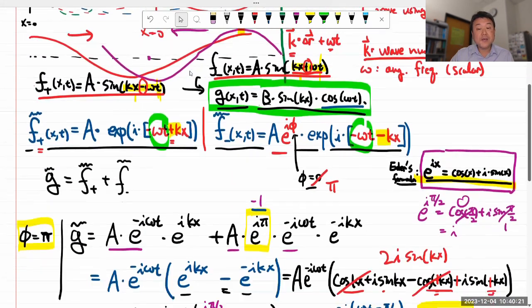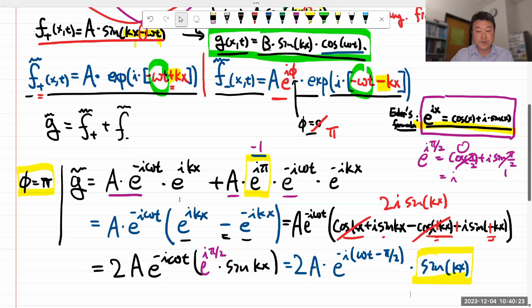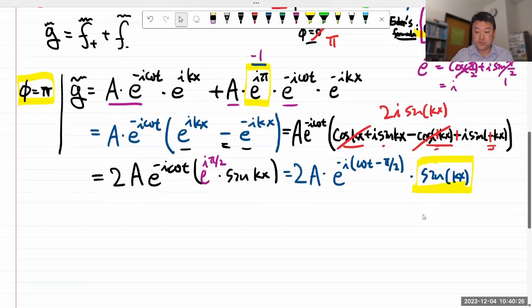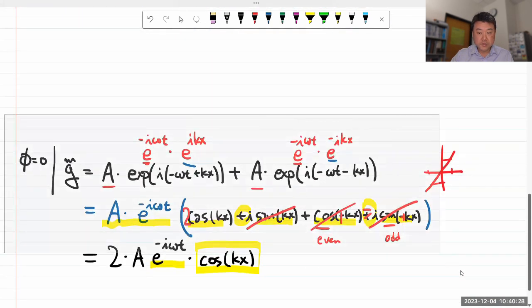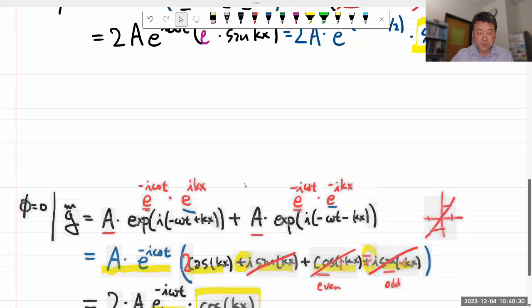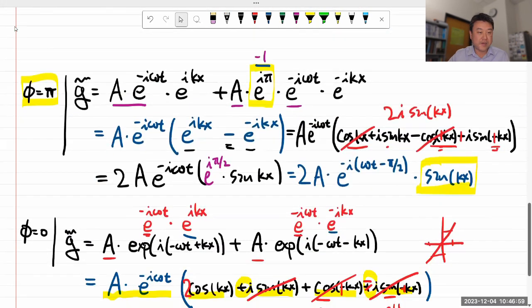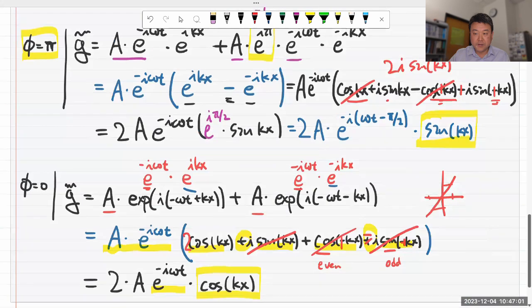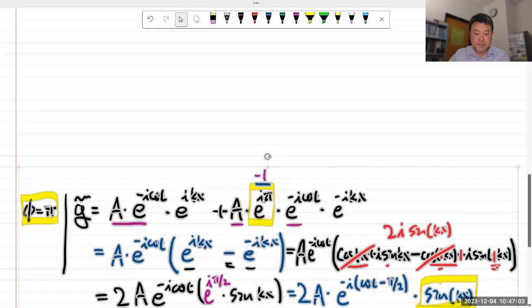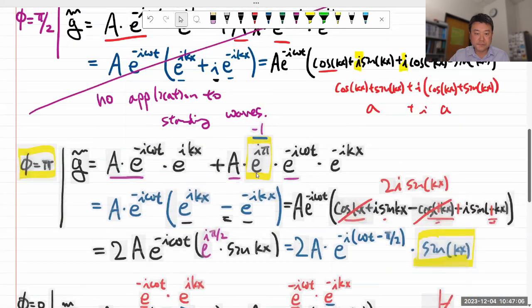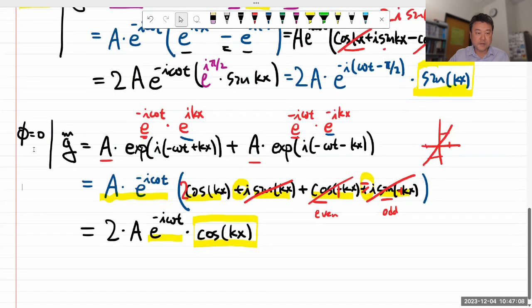So yes, those are the two different phase values which can give you these two different shapes of standing waves. The phase difference of 0 down here leads to the waveform looking like a cosine of kx with a particular origin set.